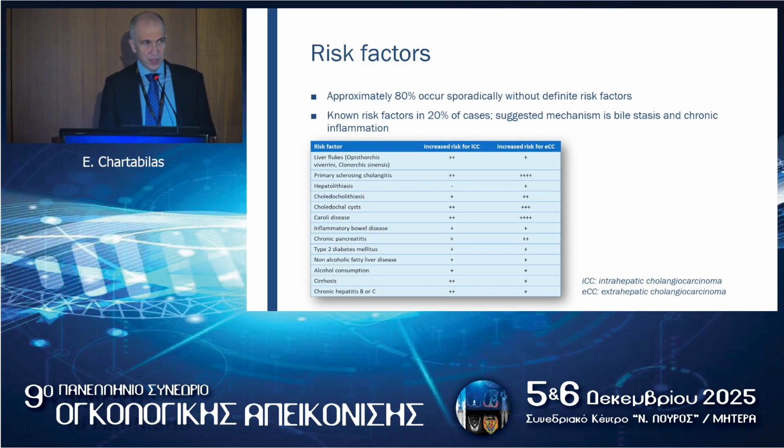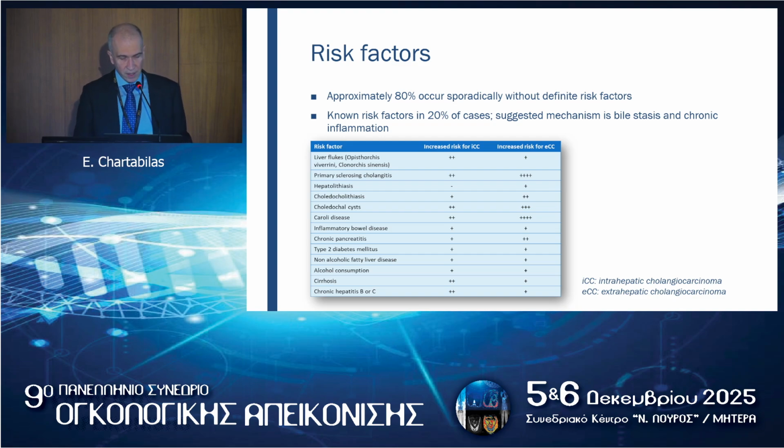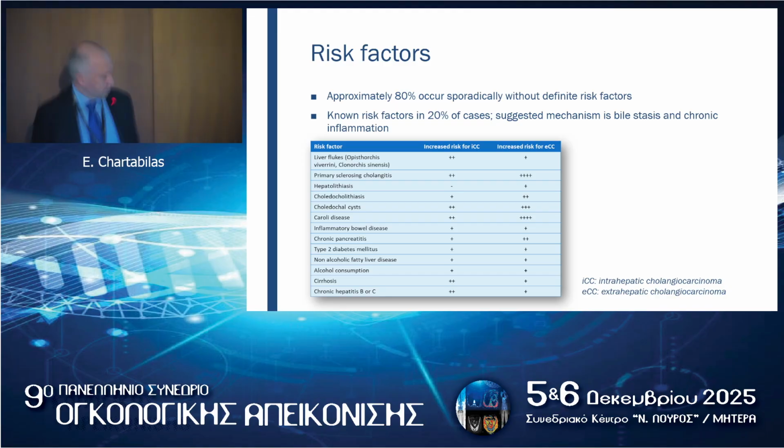Now, 80% occur sporadically, so there are no risk factors. However, for the rest 20%, there are known risk factors, and the suggested mechanism is chronic bile stasis and inflammation. So there are, you see here, common but also somehow different risk factors.